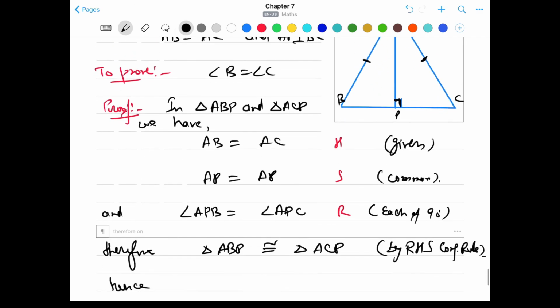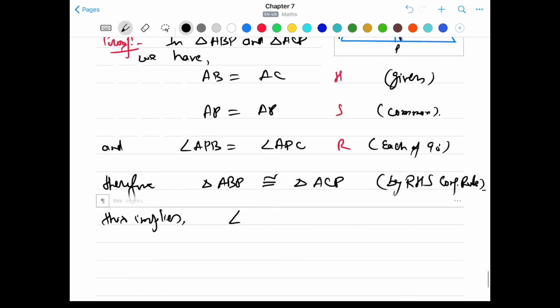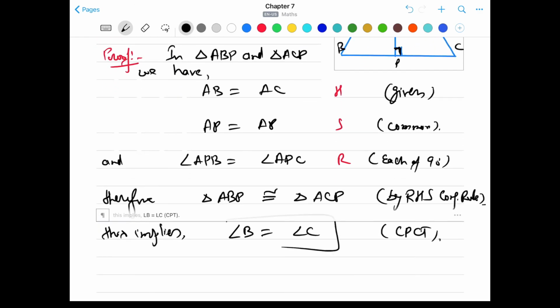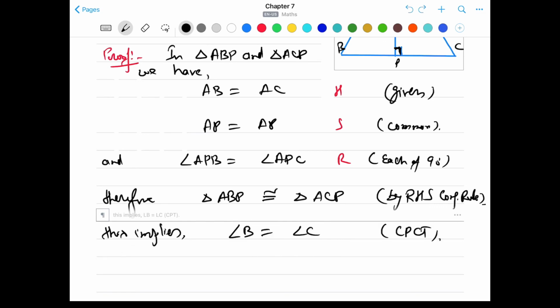Hence, its corresponding angles, this implies angle B will be equal to angle C by CPCT. And that's what we are asked to prove, that angle B is equal to angle C. So we have proved that these two angles are equal by CPCT.